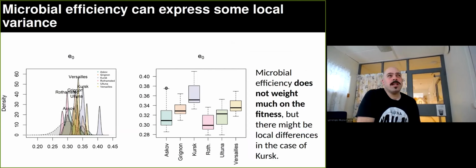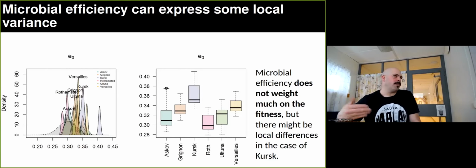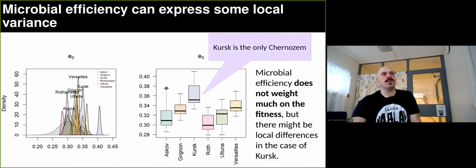To explain Kursk, we needed to vary the efficiency a little bit. Kursk is a black soil. Processes are slightly different, like in the black belt of Russia. So it's accumulating a bit more organic carbon than normal oxic soils.